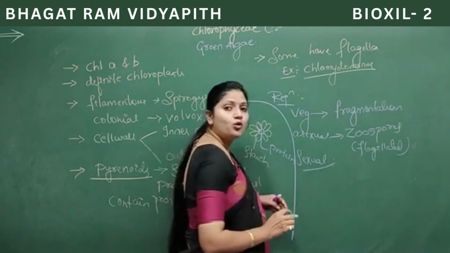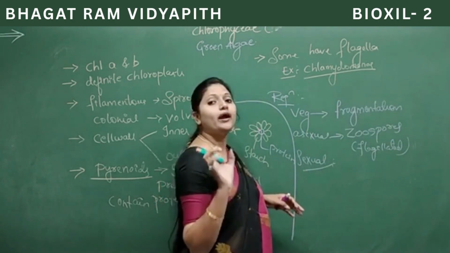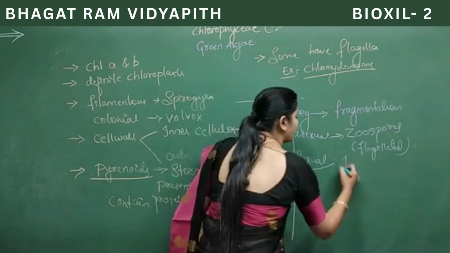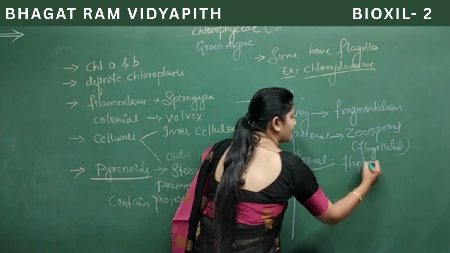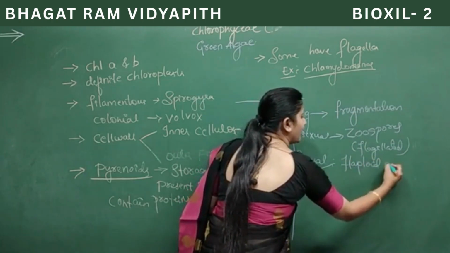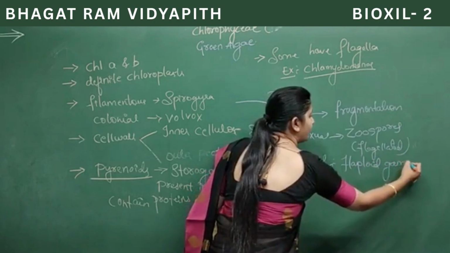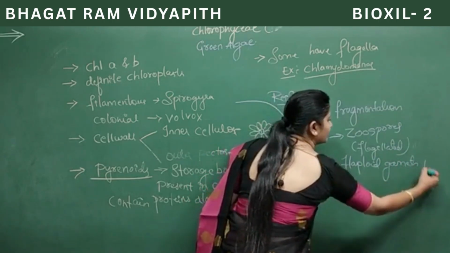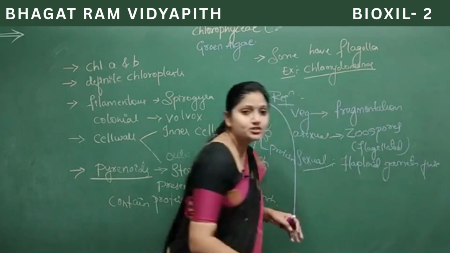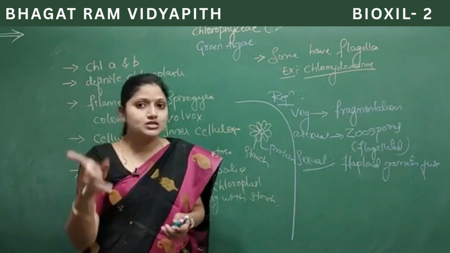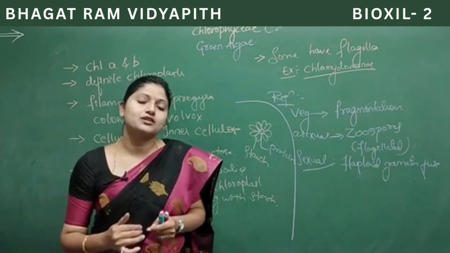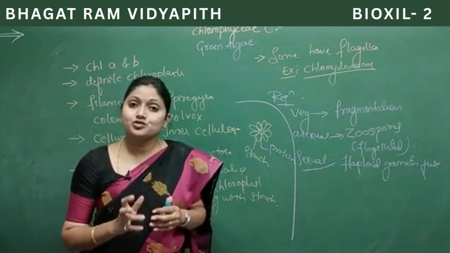In the sexual mode, the haploid gametes will fuse. We have also seen the different types of sexual reproduction based on the type of the gametes.